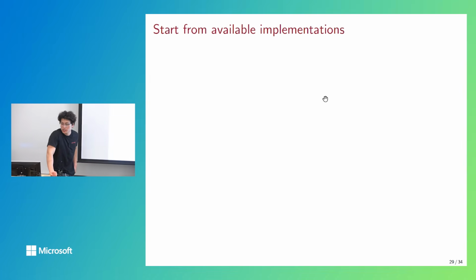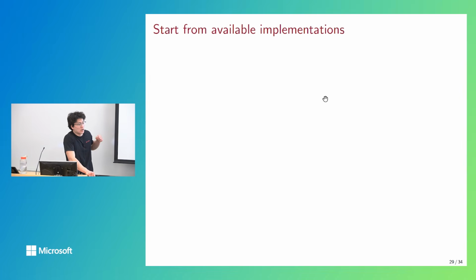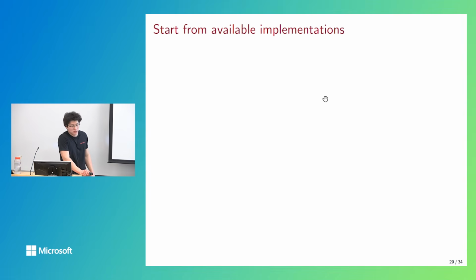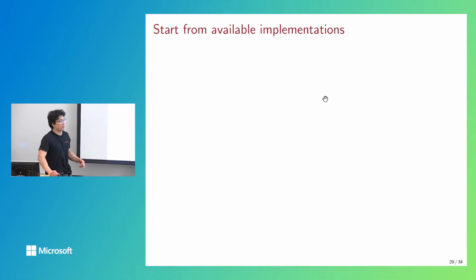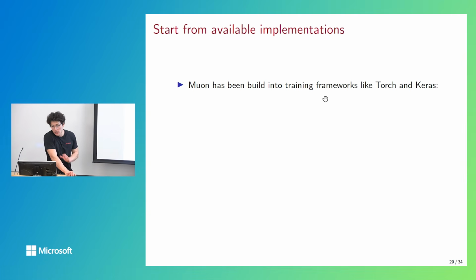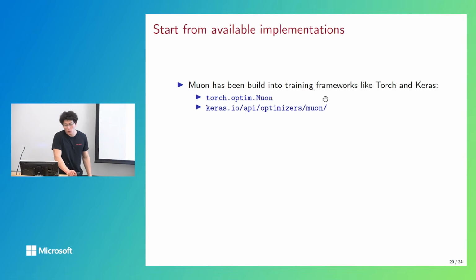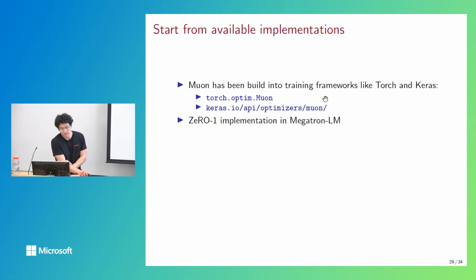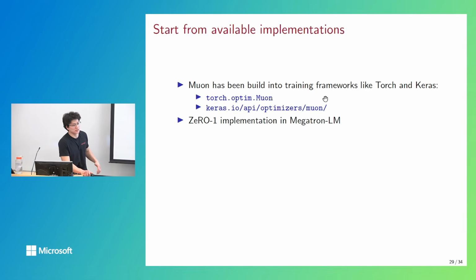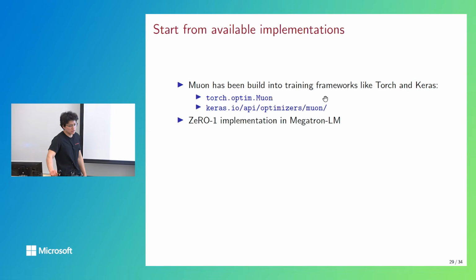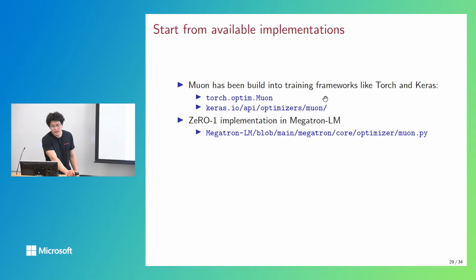My general suggestion is to start from existing implementations, because around the excitement of this optimizer, there have been lots of open source implementations. To name a few, both Torch and Keras training frameworks have their own Muon implementations. For distributed training, the 0.1 implementation, and also the one that's ongoing progress, can be found in Megatron-LM.